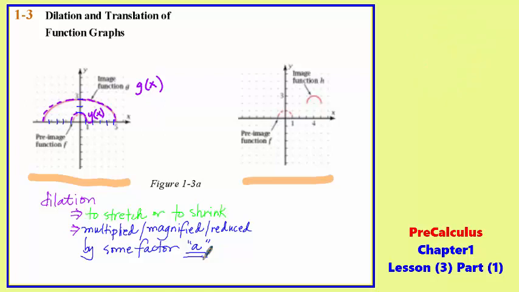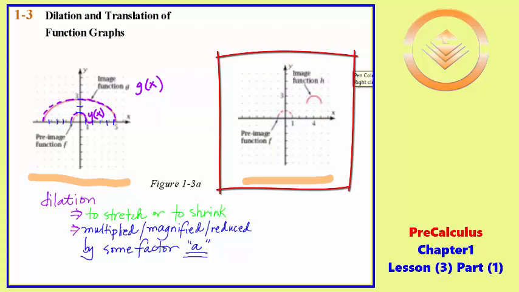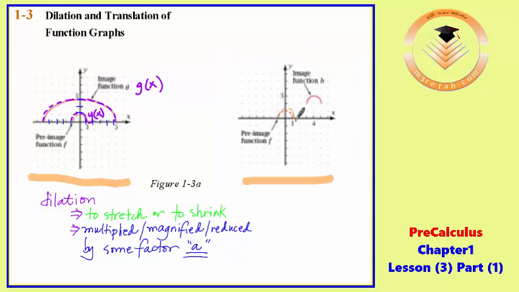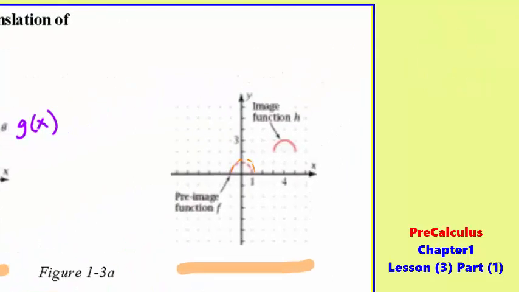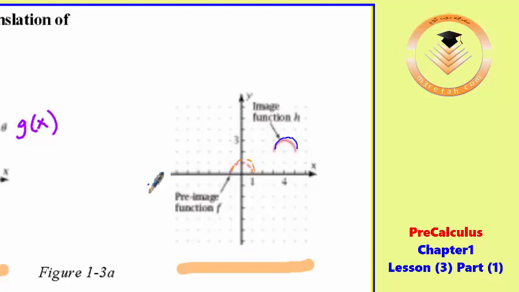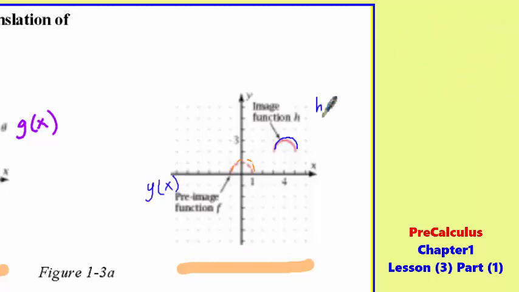Whereas the second example here on the right, we have the pre-image function f in the middle, and we have the image function, let's call it h of x this time. So we have y of x, and the image function h of x.